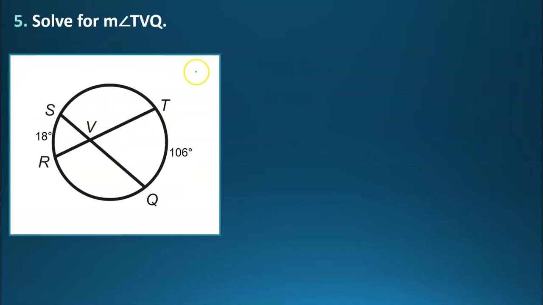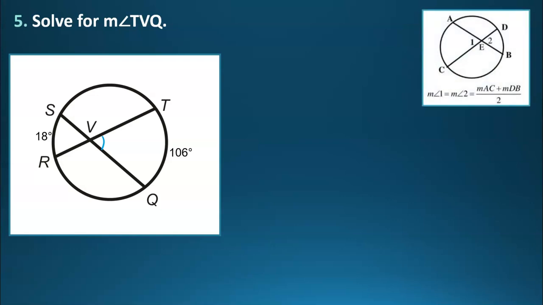All right, now we're going to be solving for an angle measure. We're solving for TVQ. All right, here it looks again like chords intersecting inside a circle, but here I'm being asked about an angle measure. So I'm going to go back to my finding angle measures slide, and I'm going to see something that looks like this.